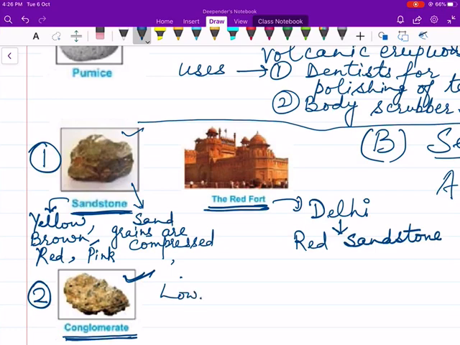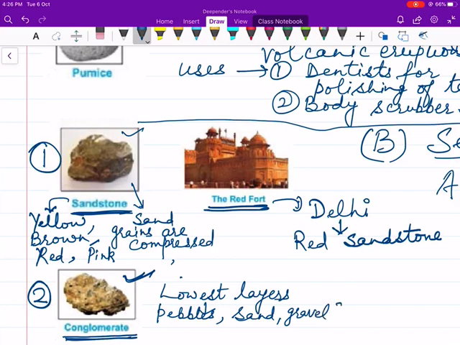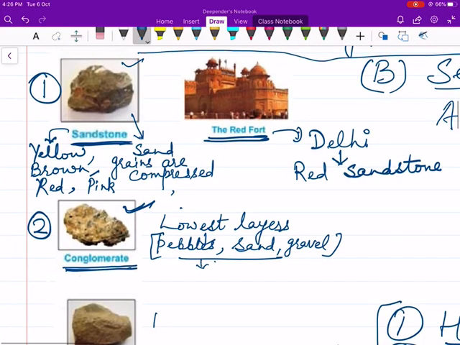In the lowest layers, that is pebbles, sand and gravel. इन तीनों के harden होने से, when they harden, then they form a conglomerate. So this is about the conglomerate.